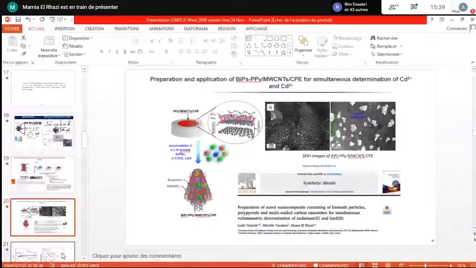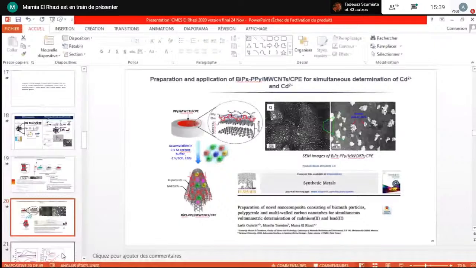After deposition of carbon nanotube on the surface of the electrode, the polymerization was carried out, and the detection of lead and cadmium was performed by in situ electrochemical technique using bismuth film electrode. And as you know, the bismuth film electrode can form what we call alloy with lead and cadmium, and we can use differential pulse voltammetry or anodic stripping voltammetry for detection of cadmium and lead.